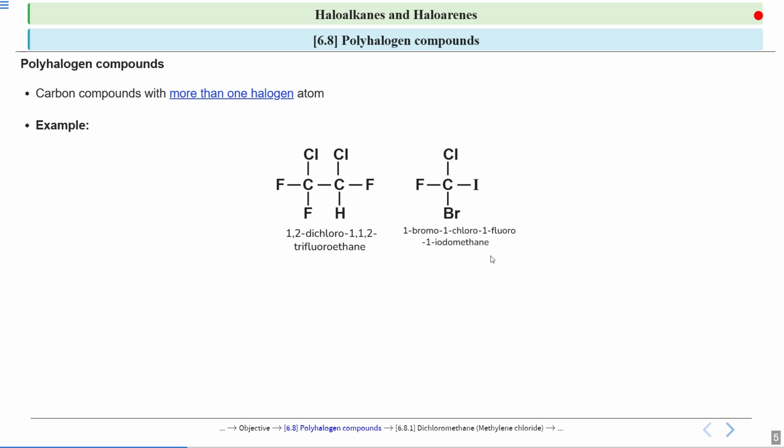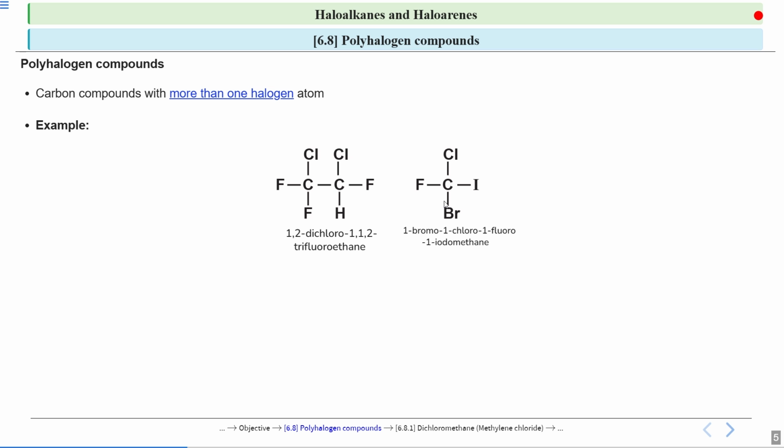The name is as per IUPAC nomenclature, and the names of the halogens are arranged in alphabetical order. If you see these two structures, we have more than one halogen atom present in the same structure. In the first structure we have two chlorines and three fluorines, so more than one halogen atom is present, and this comes under polyhalogen compounds. Similarly, in the second structure we have fluorine, iodine, chlorine, and bromine, four different halogens.